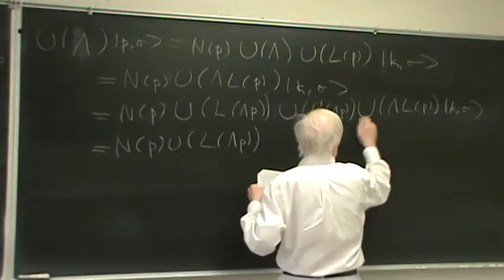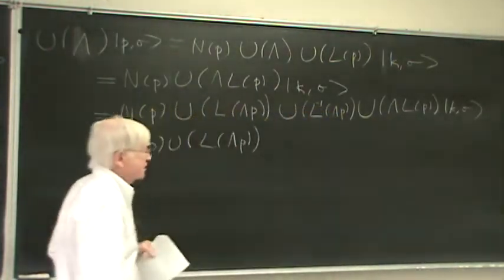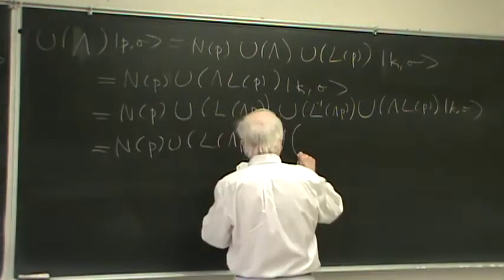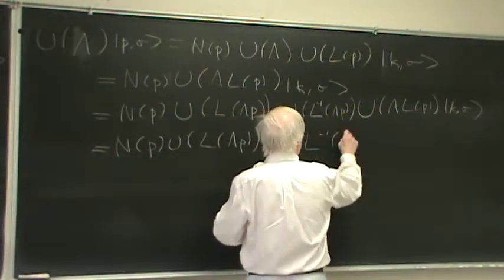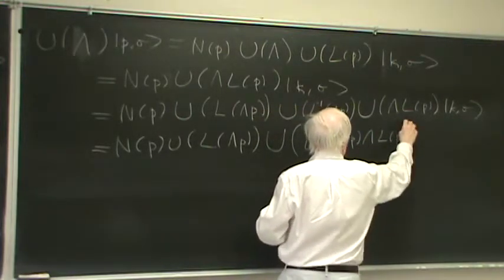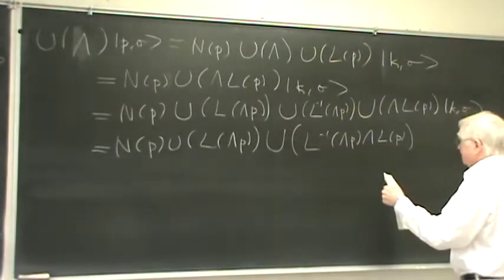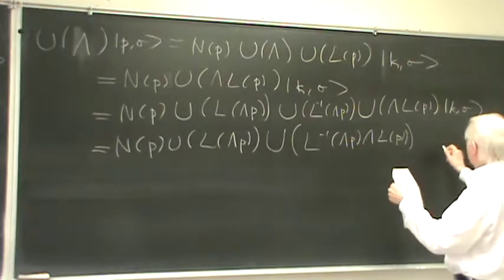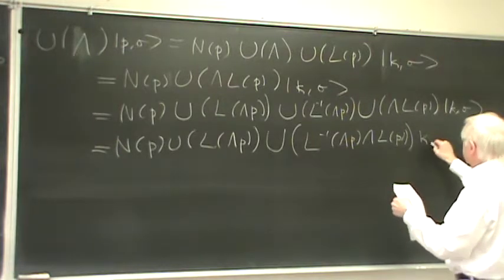Now we rewrite this as NP U of L of lambda P. Now we again take into account that this is a unitary representation of the Lorentz group, and so this is really U of L inverse of lambda P, lambda L of P. And I think I need another parenthesis there, and then this is K sigma.